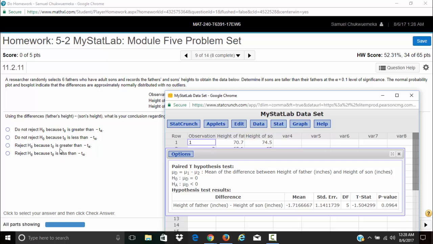But now, as you can see, they are asking us to use the classical approach, not the p-value. Take this note down. For a left-tailed test, if the test statistic, which is T naught, is less than the critical T, which is T alpha, reject the null.